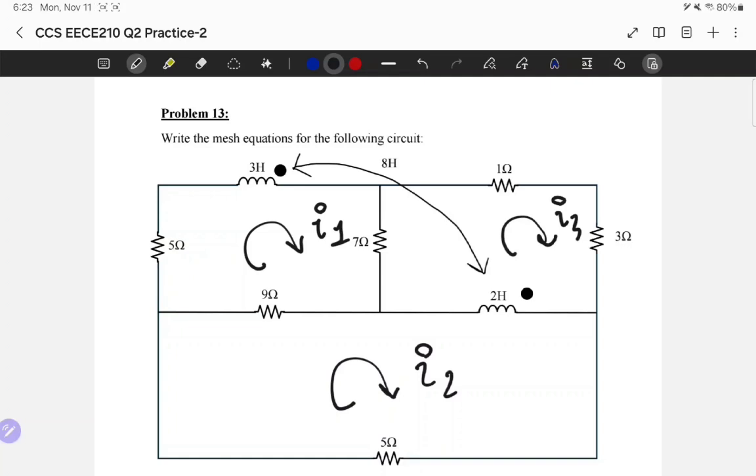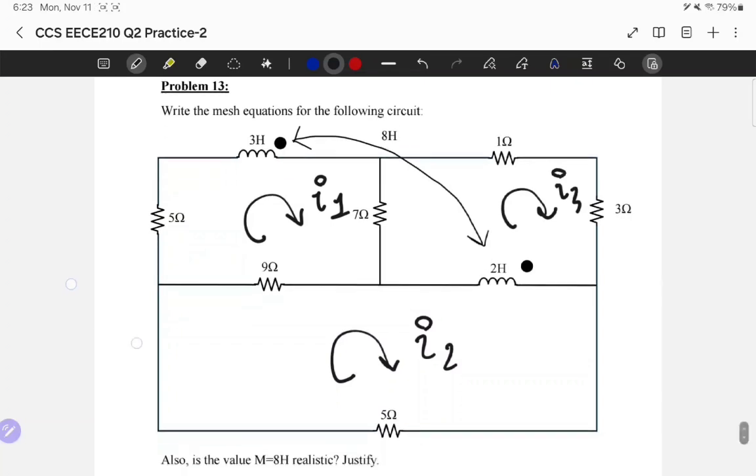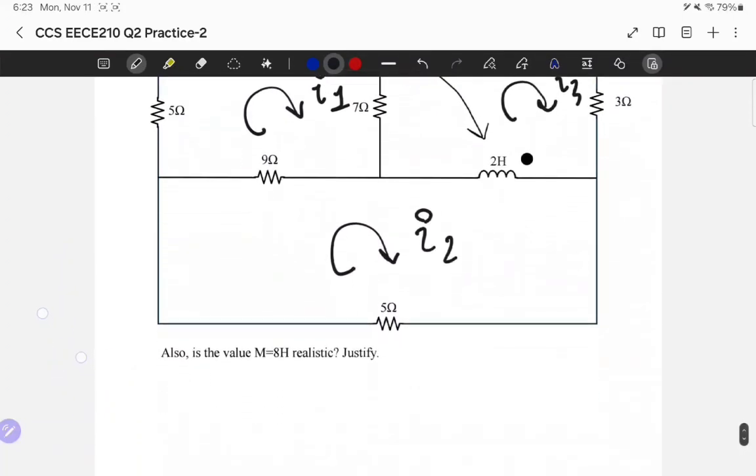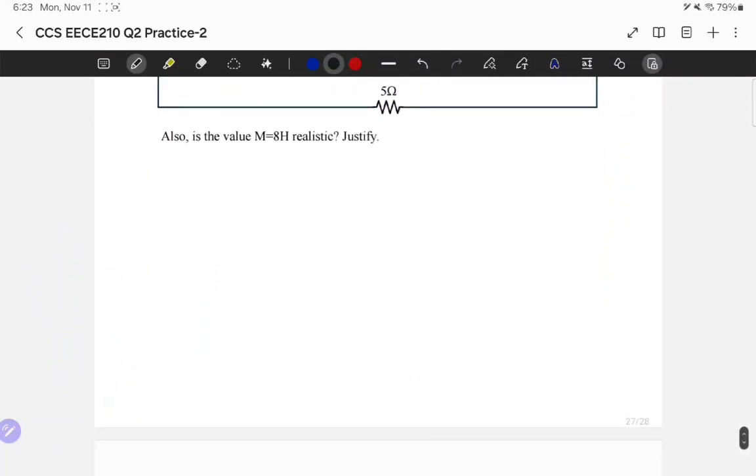Now, this is a really good sample to explain mutual inductance, and I know that some of you have seen 3 mutual inductances in a circuit. You may think that the signs are really bad, and I agree with you. Dealing with 3 mutual inductances is long, but I really believe that if you can understand the idea behind 2 mutual inductances, you can understand the idea behind 3.